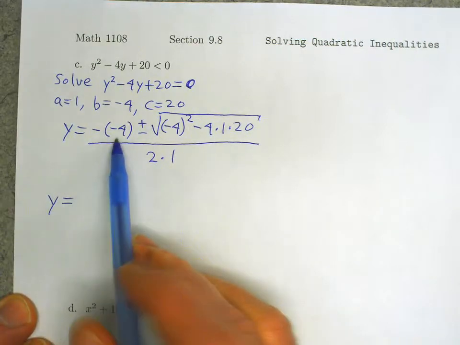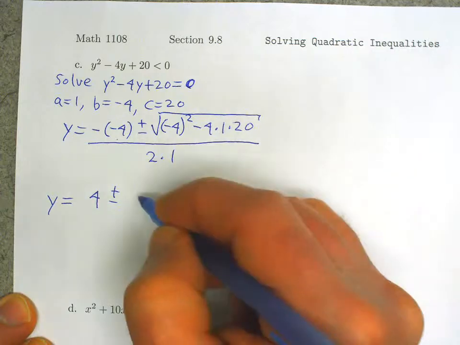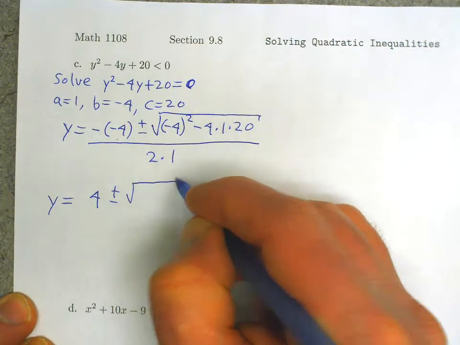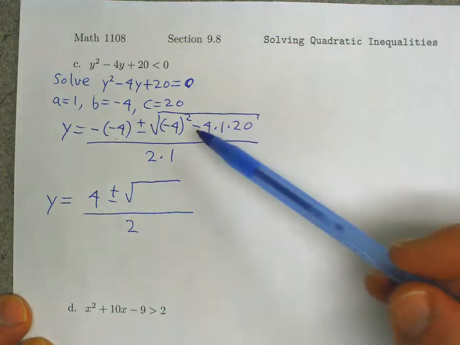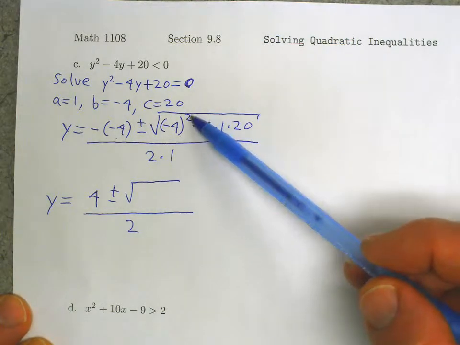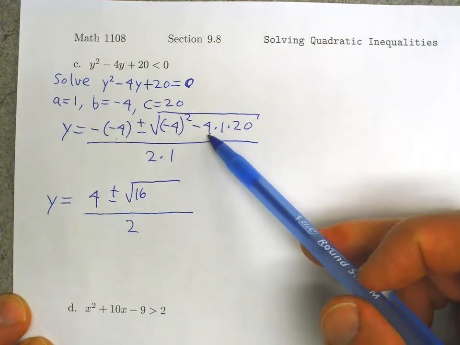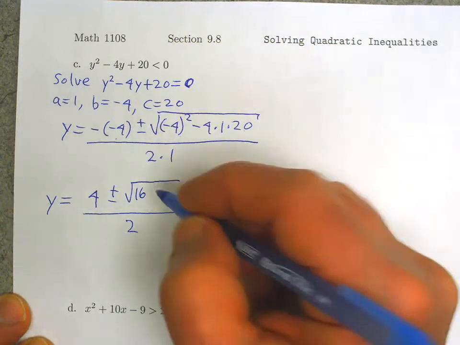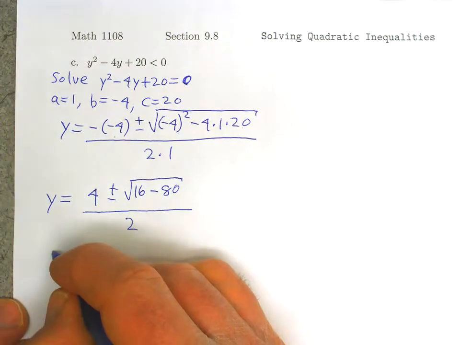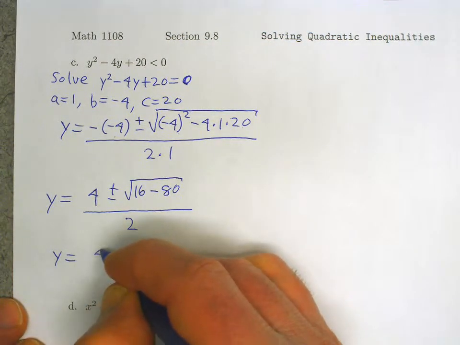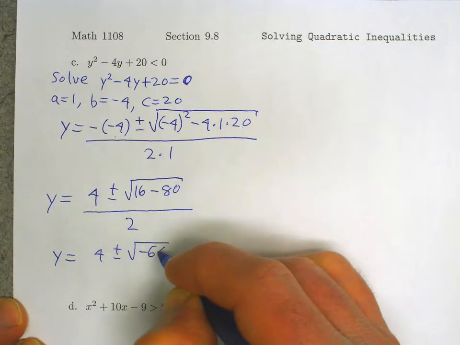The negative of -4 is 4, plus and minus the square root of some number, all divided by 2. Okay, so inside the square root, the number -4 squared is positive 16, and we're subtracting 4 times 1 times 20, we're subtracting 80. Okay, so y equals 4 plus and minus the square root of -64.